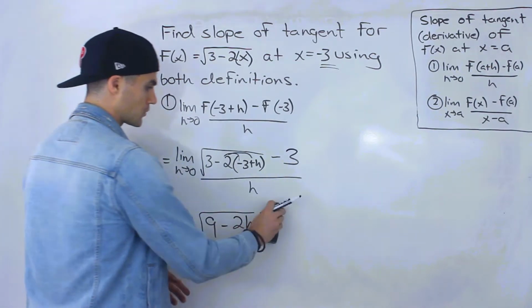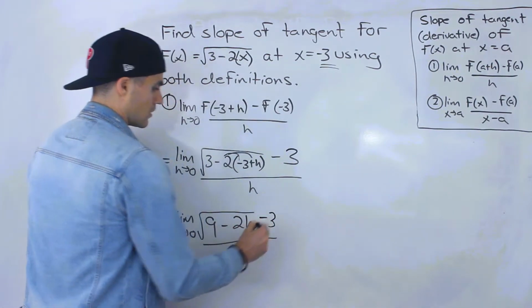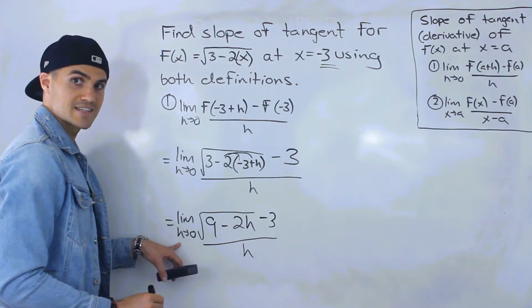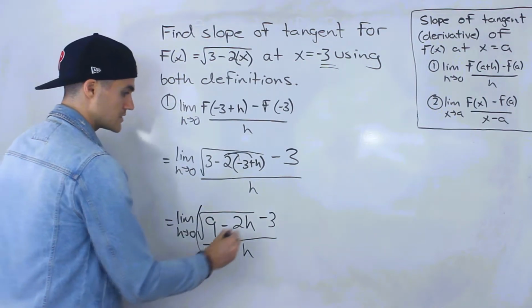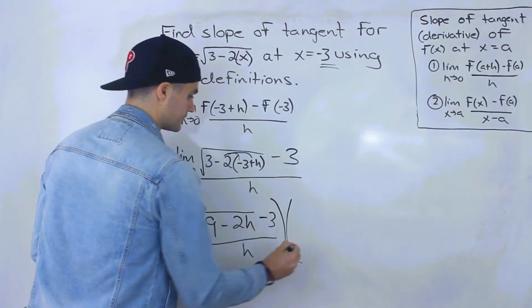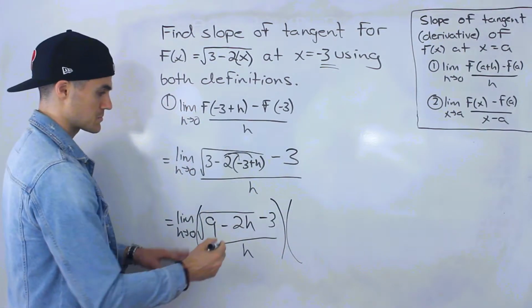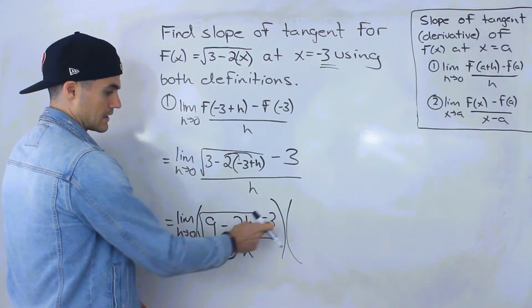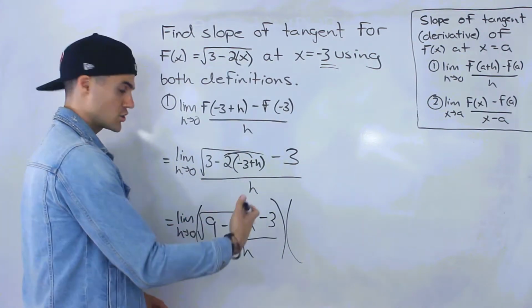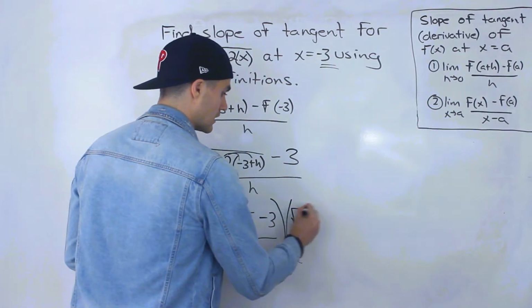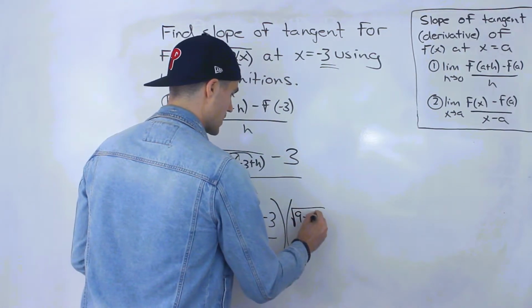Now, what's the problem here with this limit? We've got to get rid of this h because we can't plug in 0 yet. And so if you remember, if you have something in this format, what you've got to do is rationalize it. So what you would do is multiply this two-term expression by its conjugate, which would be square root of 9 minus 2h plus 3.